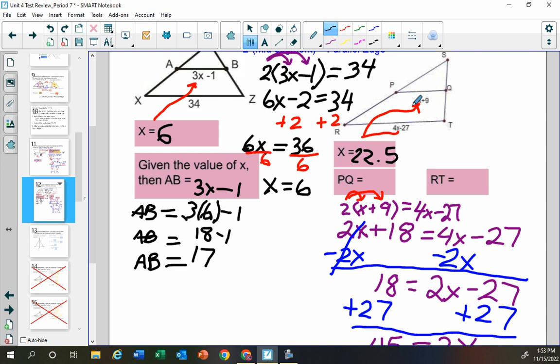Depends on the problem. No, here you just add. If you don't see a number next to that x, all you're doing is just adding 22.5. So in this case, you add. If it was 9x, then you multiply. But this is just x plus 9. So what is x plus 9?